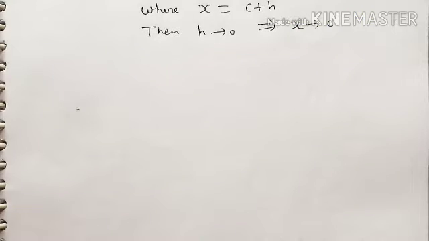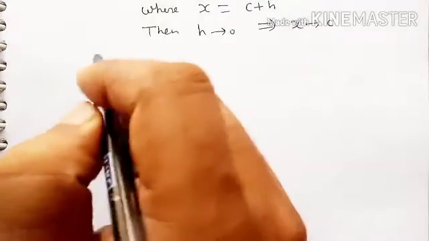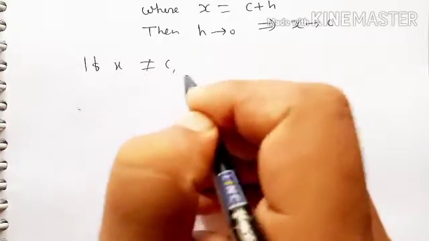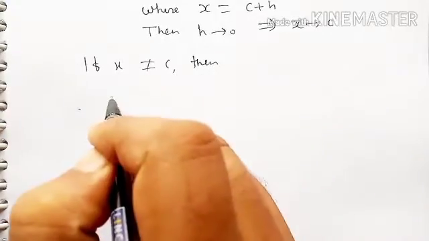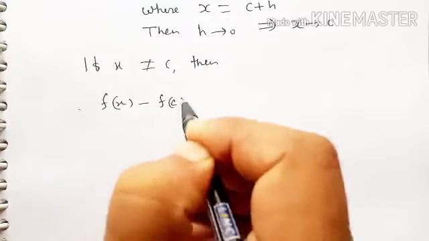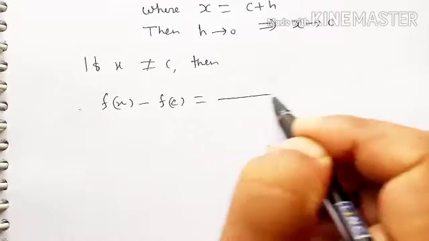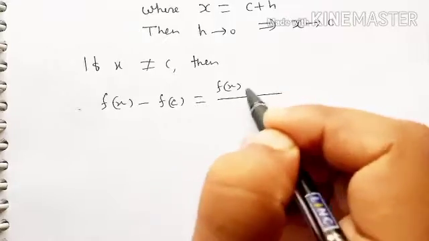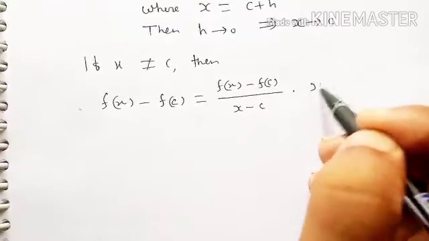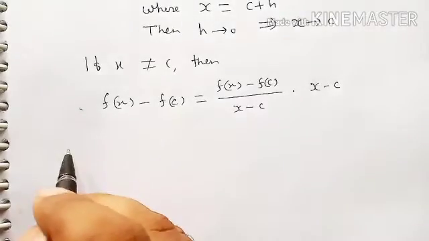We have to prove that f is continuous, meaning its limiting value at c is equal to f of c. So if x is not equal to c, then f of x minus f of c is equal to f of x minus f of c by x minus c into x minus c.